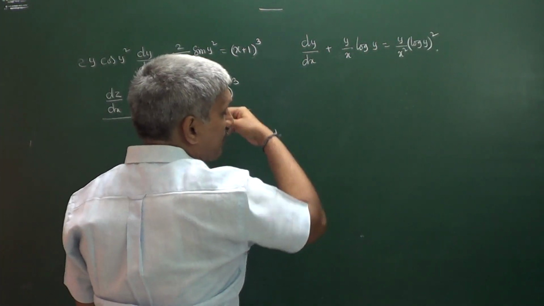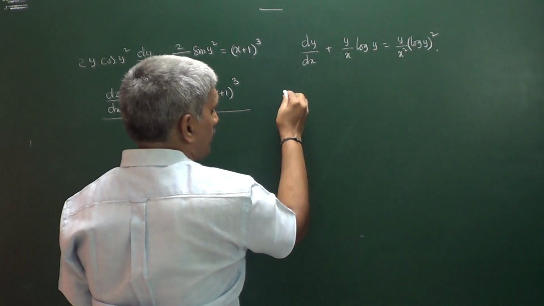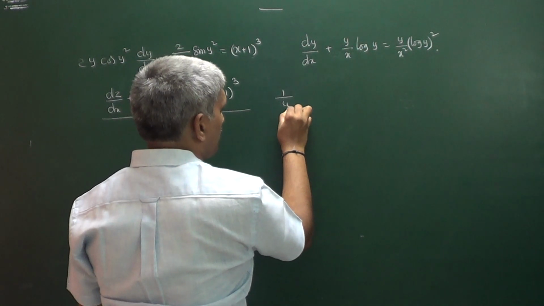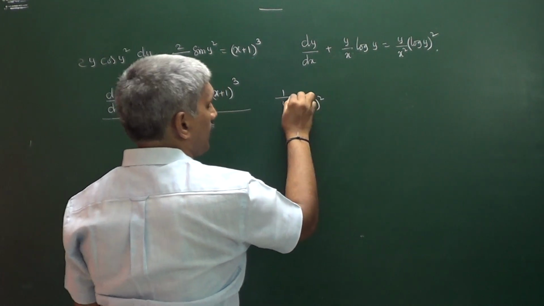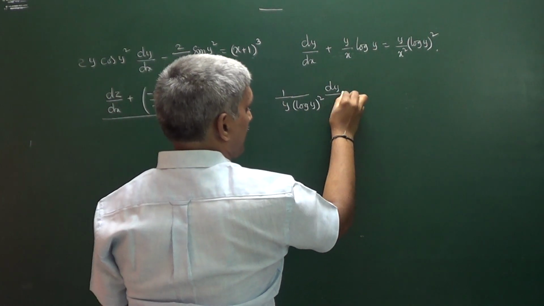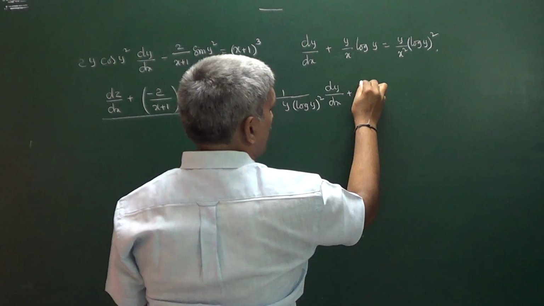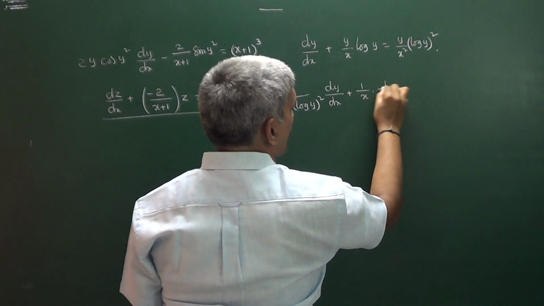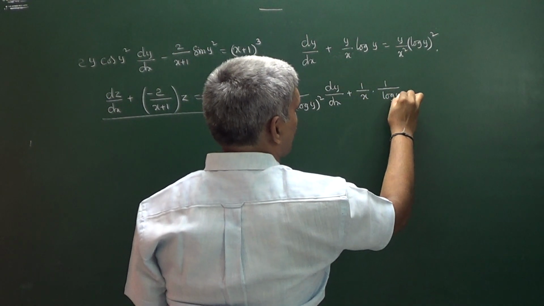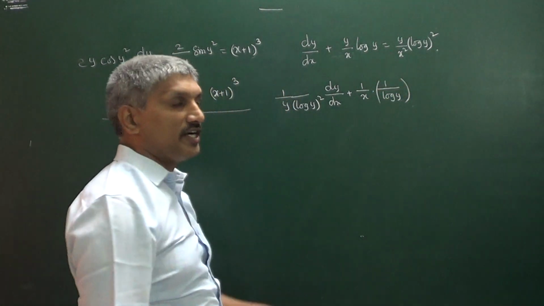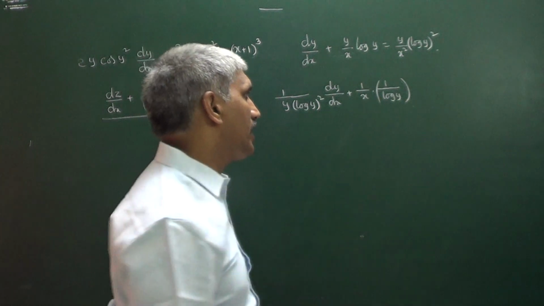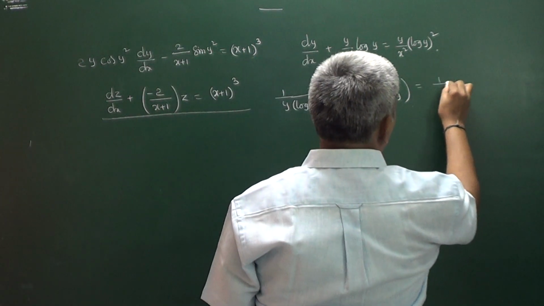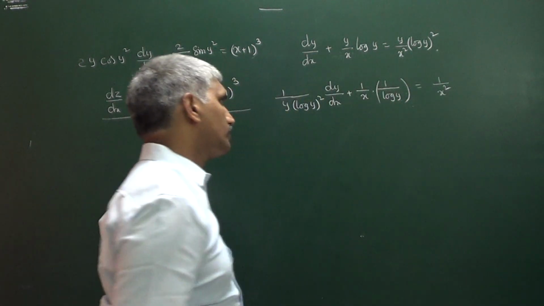Then it becomes 1 by y into log y whole square into dy by dx plus 1 by x into 1 by log y. I hope everyone followed, because we are dividing with y into log y whole square. So we got 1 by log y is equal to 1 by x square, right?